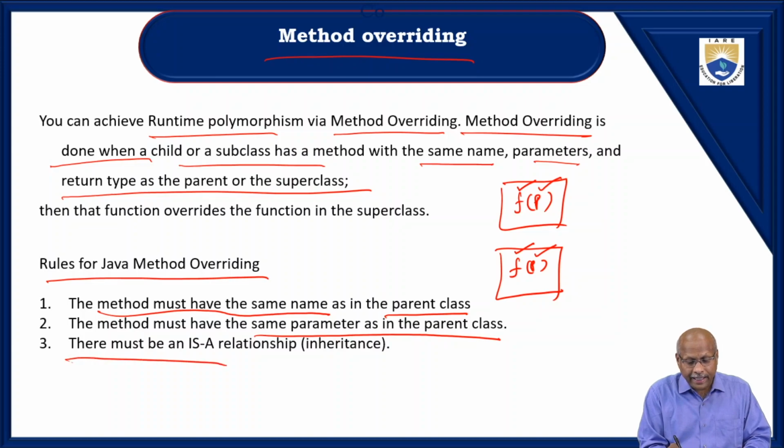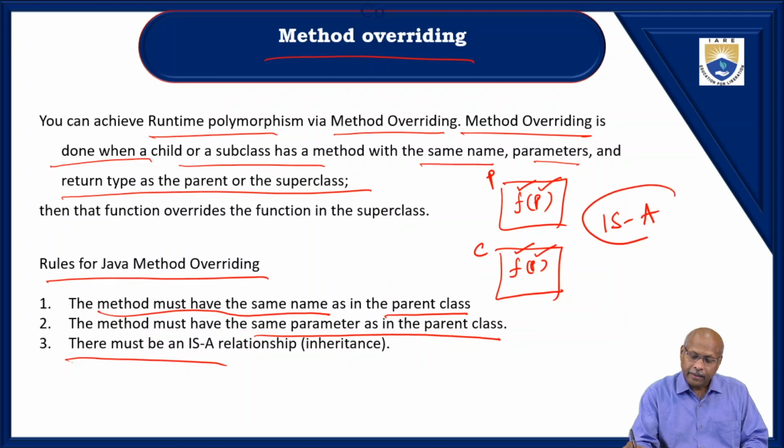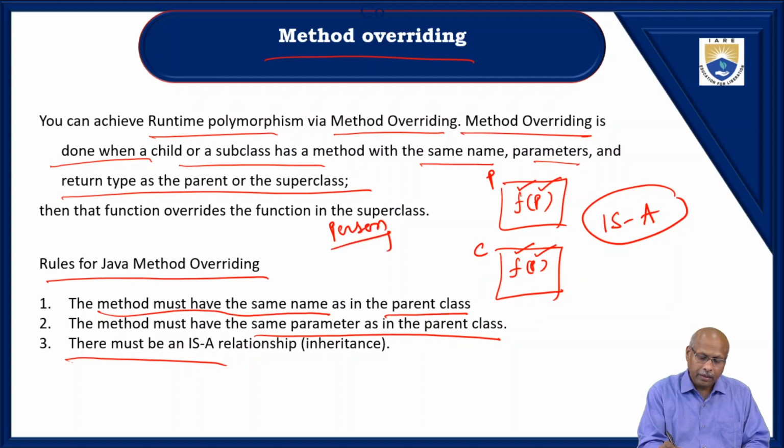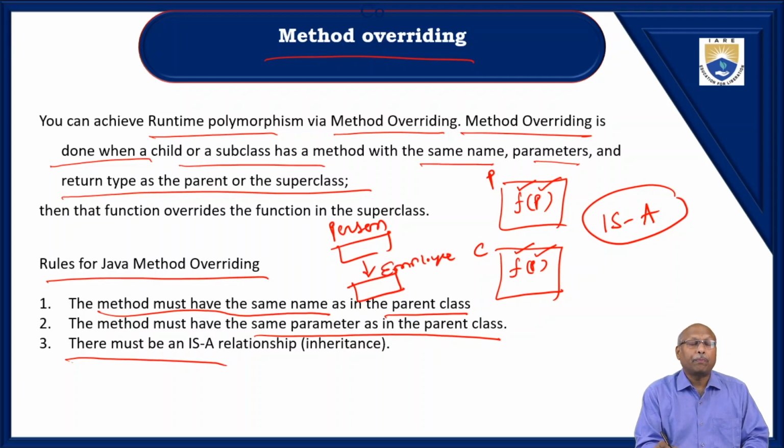Similarly, there is an is-a relationship. That means this is the parent, this is the child. So C and P must have a relation called is-a. That means what? For example, there is a class called person and a class called employee. That means person is the parent, employee is the child.